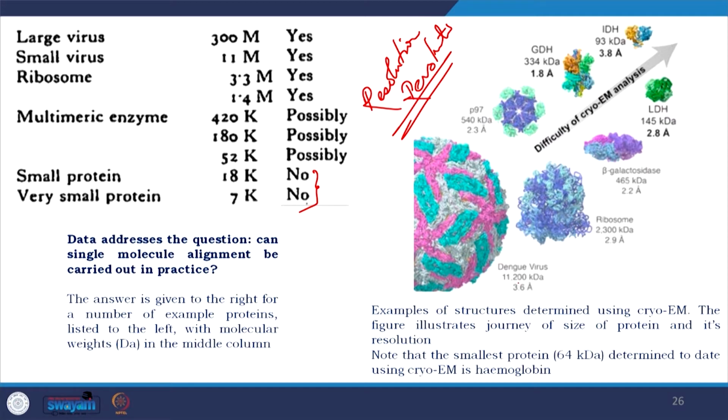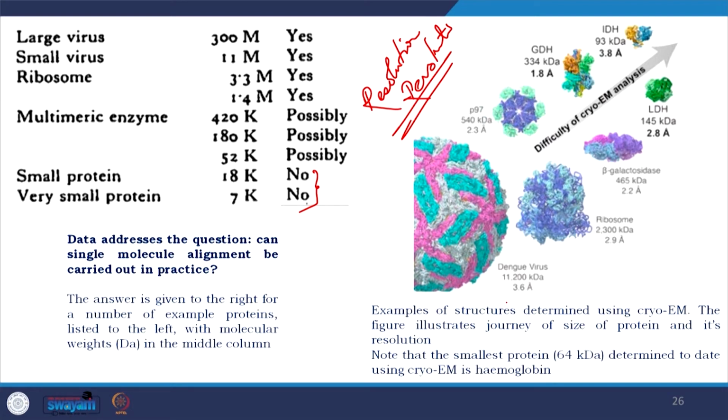You will see that 11,200 kilodalton, dengue viruses solved at 3.6 angstrom, P97 540 kilodalton solved at 2.3 angstrom, ribosome 2300 kilodalton solved at 2.9 angstrom, beta galactosidase 465 kilodalton solved at 2.2 angstrom, GDH 334 kilodalton 1.8 angstrom, LDH 145 kilodalton 2.8 angstrom, and IDH 93 kilodalton is solved at 3.8 angstrom.